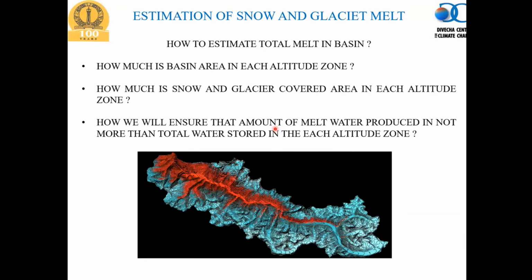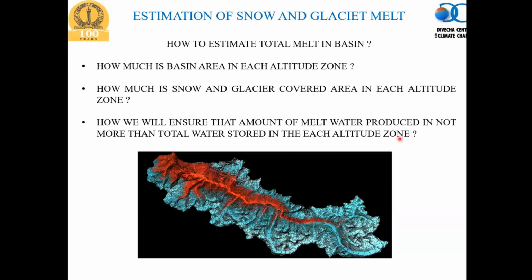But it is important because as temperature keeps on increasing, it will start producing more and more melt. So how can we ensure that the amount of melt water produced is not more than the total water stored in each altitude zone? That is where the water balance comes into the picture.